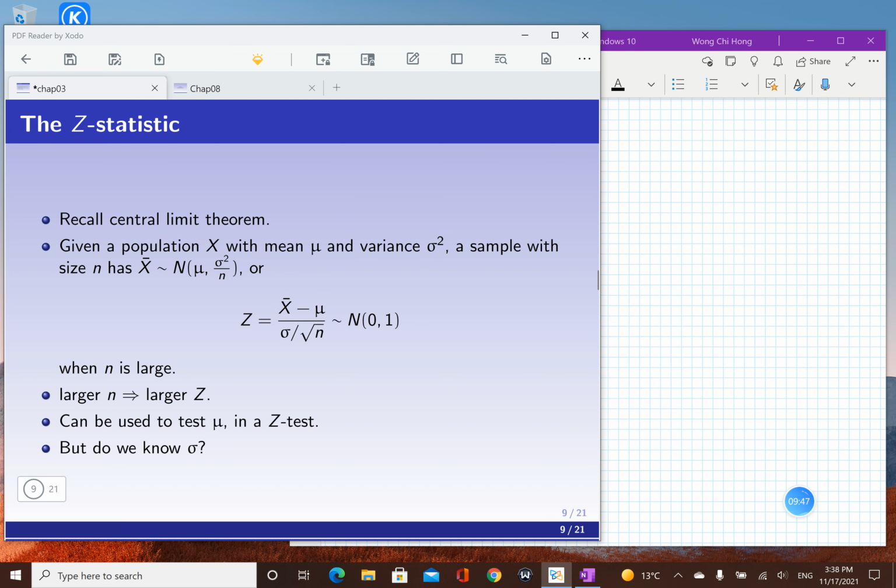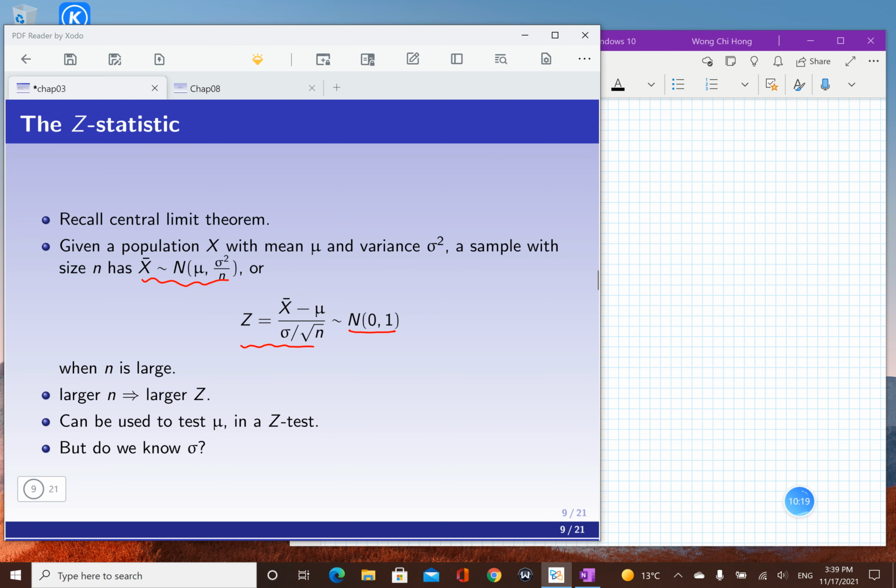Okay, so if you change variables into z, it's x bar minus mu over sigma over square root of n, and it should behave like the standard normal distribution, with 0 mean and 1 for the variance. That is when n is large enough. 30 or 50 will do.